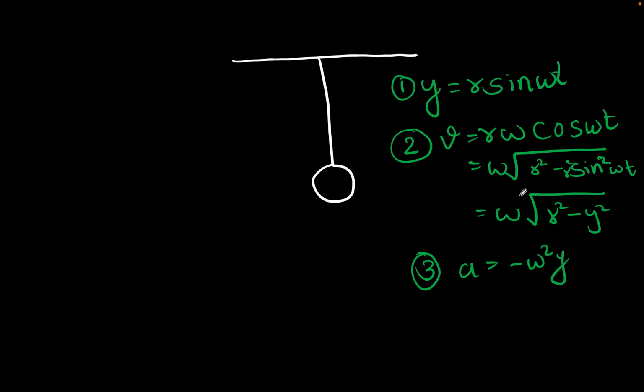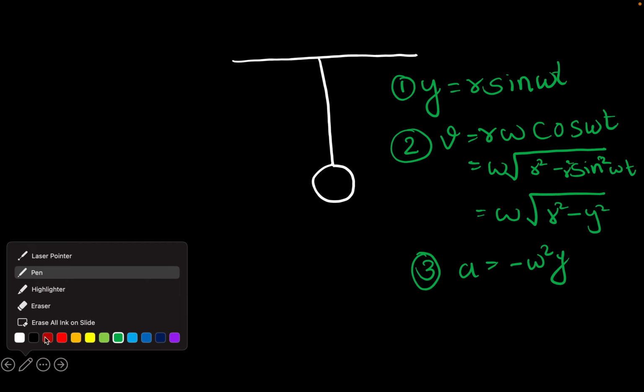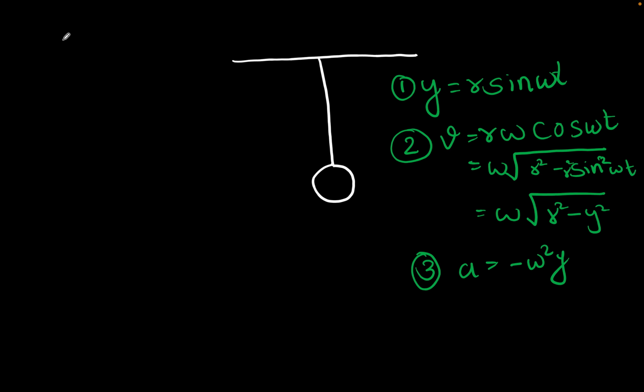So let's use these equations and see what the velocity, displacement and acceleration will be when the body is at its mean position. Let me use a different color. All right, let's see when theta or omega t is 0, theta is 0 degrees.